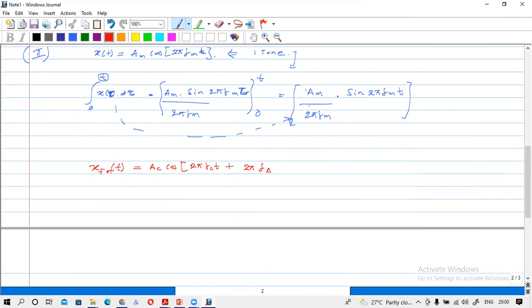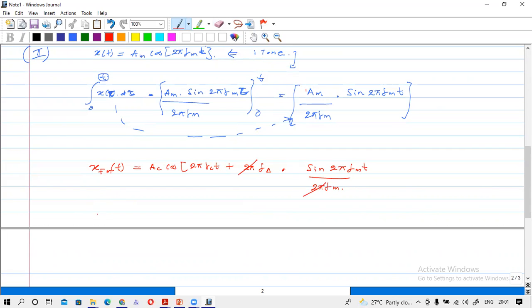That is, we have to divide this signal by AM. Okay. So we have sine 25 FMT divided by 25 FM. Okay, so this 25 cancels out.